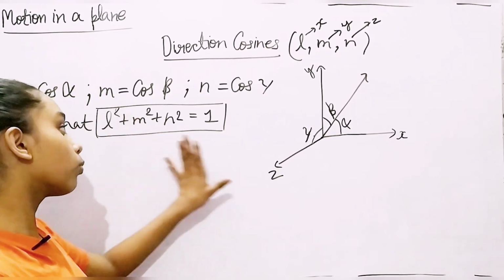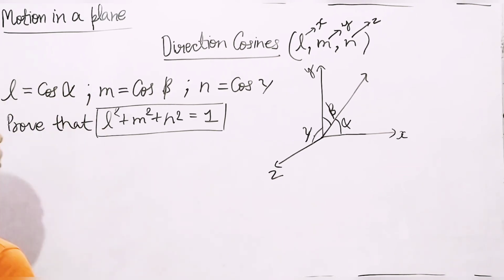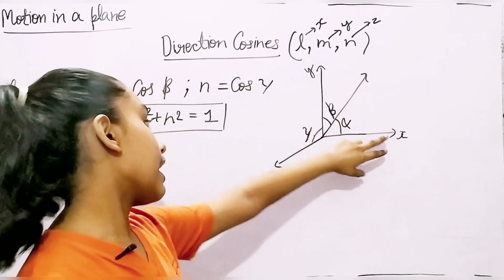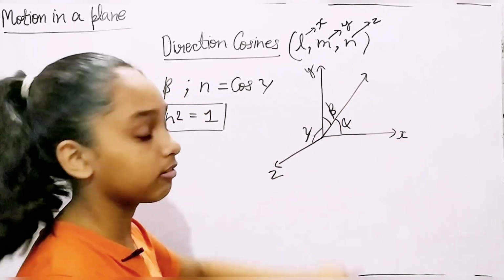First, is this really possible or not? We're just going to find out. Basically, their sum will be 1. As I told you, L, M, N are the axes X, Y, and Z.